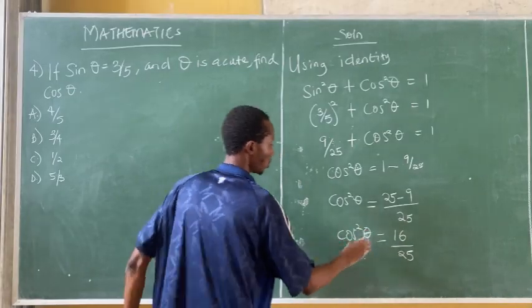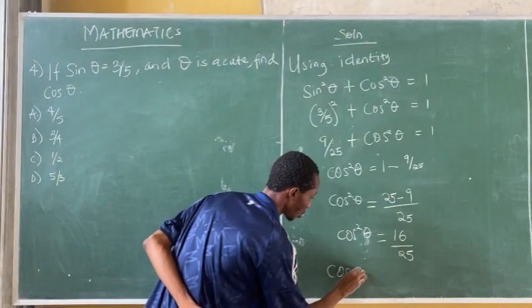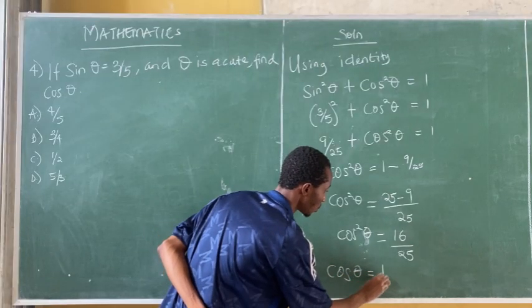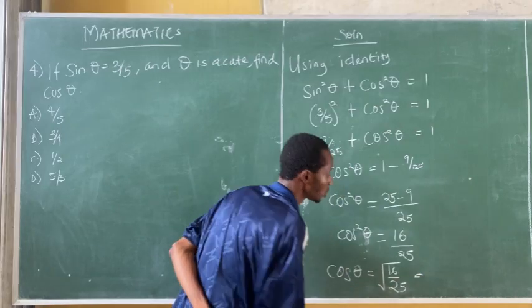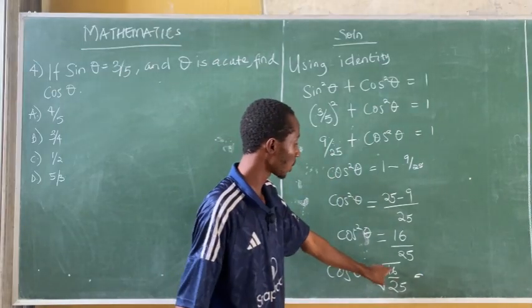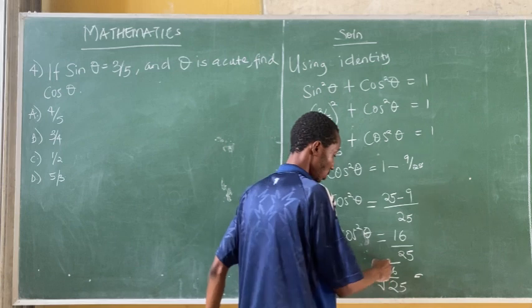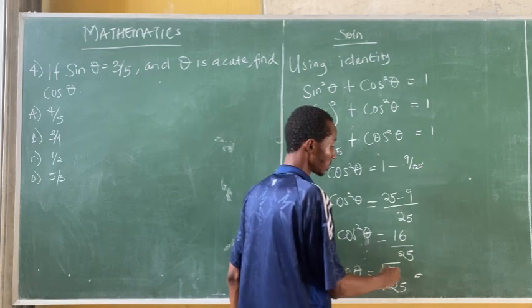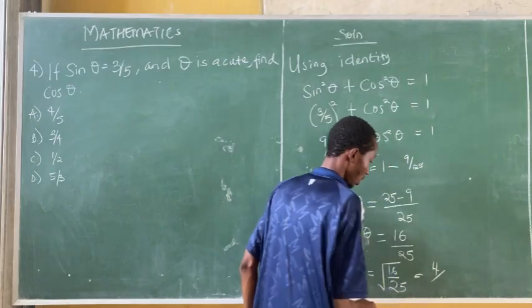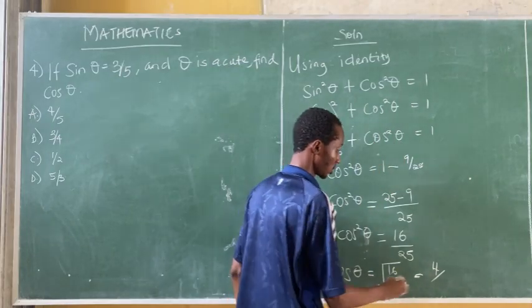This goes off. You have cos theta is equal to square root of 16 over 25. The square root will affect both 16 and 25. Square root of 16 is 4. And square root of 25 is what? 5.